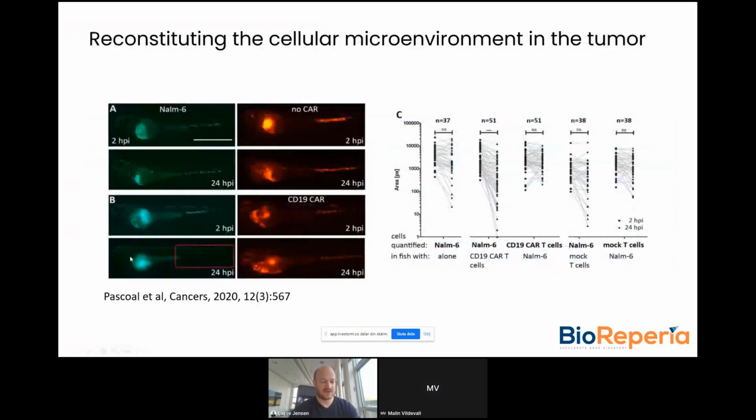First out was Pascual et al., who in early 2020 published a study showing that CAR T cells potently killed NALM6 lymphoma cells.